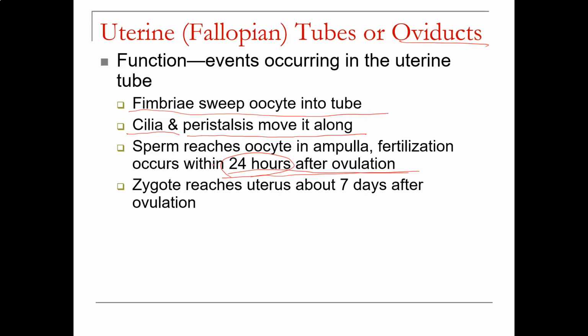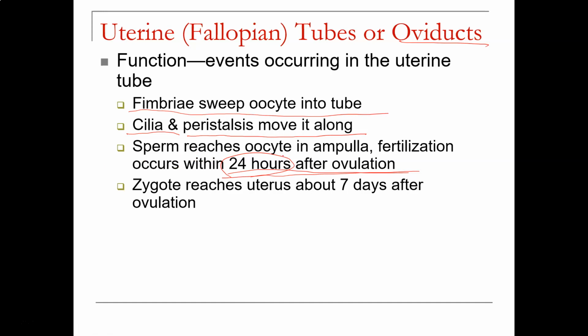So we'll put those two together later and talk about how many days during a particular month intercourse can lead to fertilization of an egg. Okay, so more on that later.